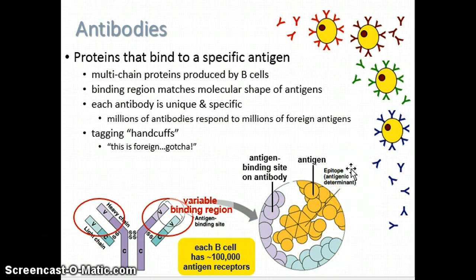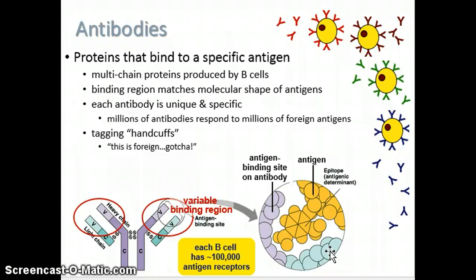E-P-I-T-O-P-E, that may be a little hard to read there, is an epitope. And that is simply the small portion of the antigen that will bind into the receptor site on the antibody. Also, there are receptor sites on the B cells, and there are receptor sites on T cells.